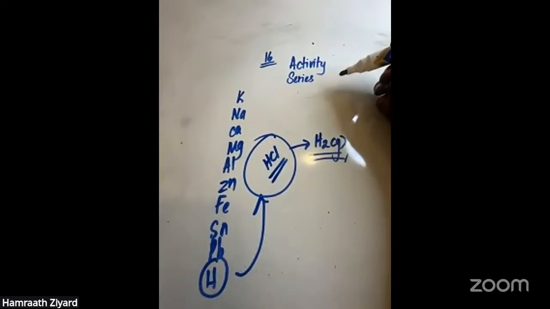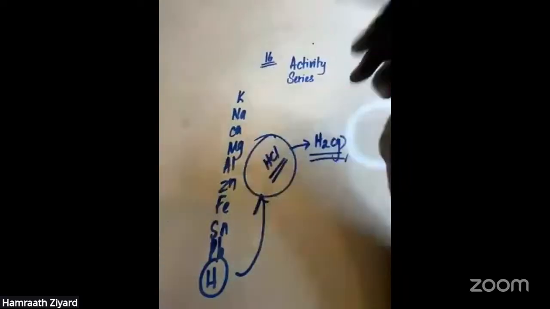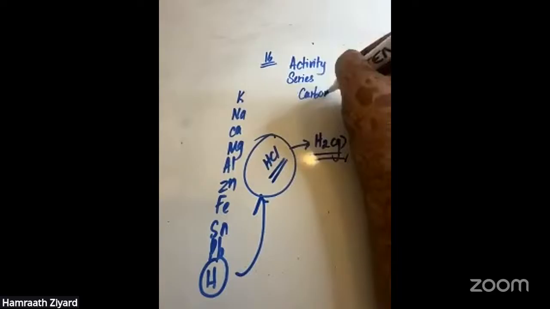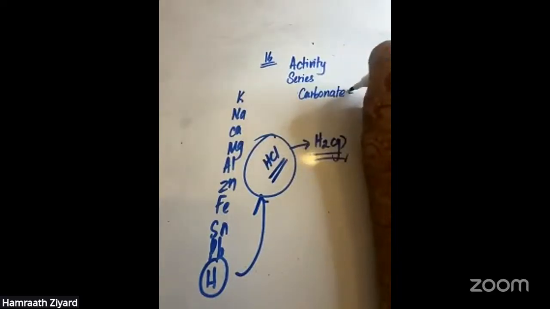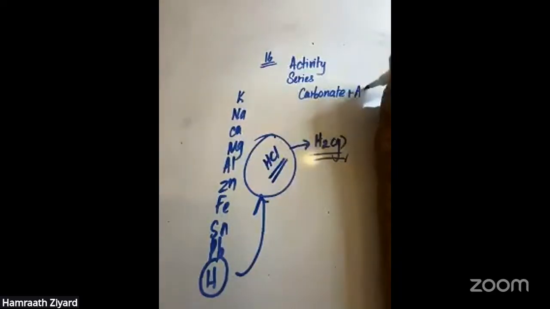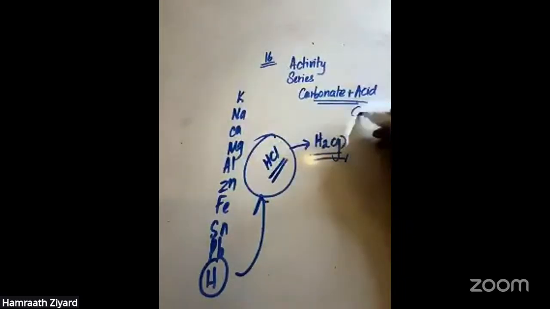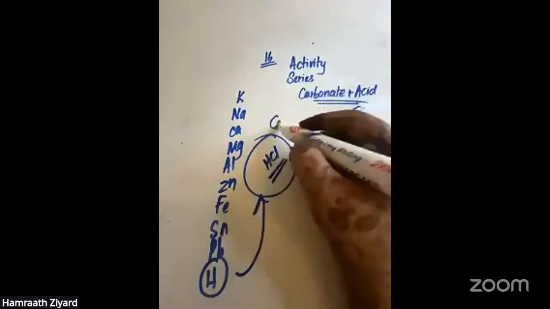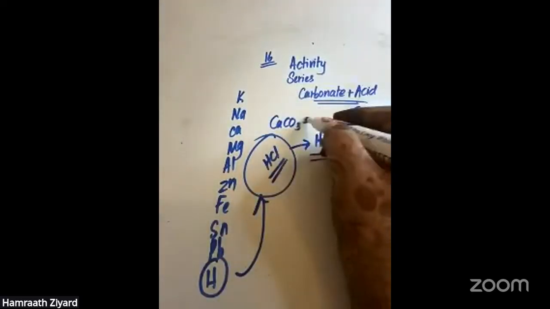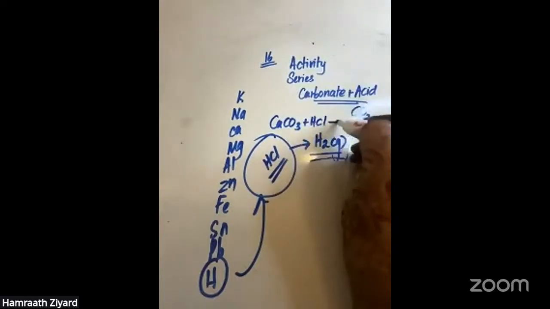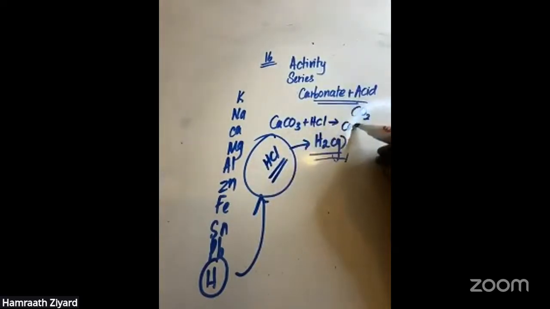Clear? Got it? And also another property. If any carbonate reacts with any acid, they will produce carbon dioxide gas. For example, calcium carbonate reacts with hydrochloric acid to form calcium chloride plus carbon dioxide plus water.